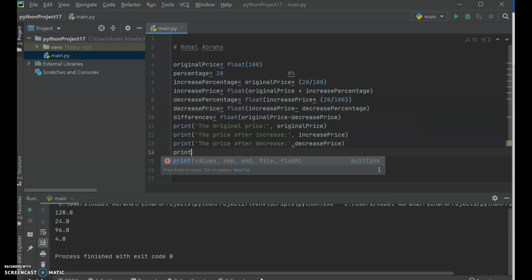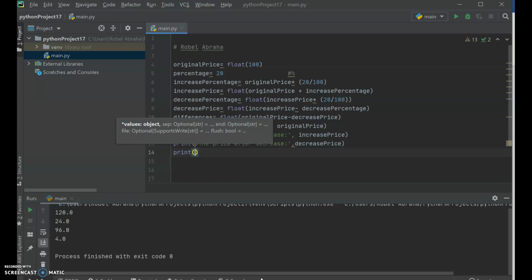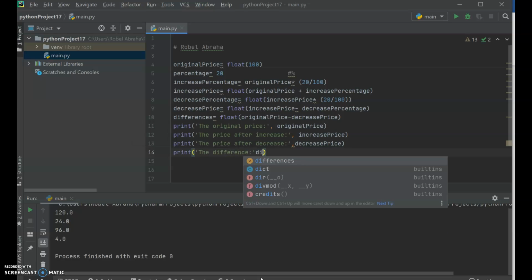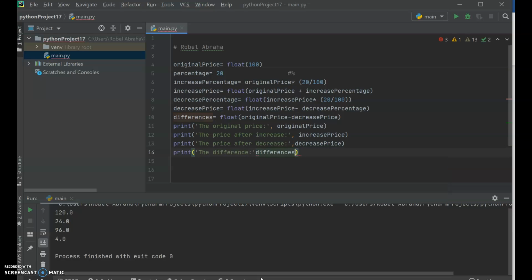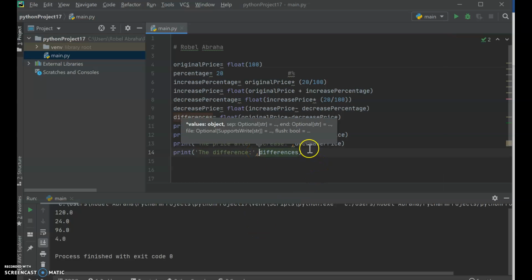Print finally the difference. Oh yeah, we forgot a comma here.